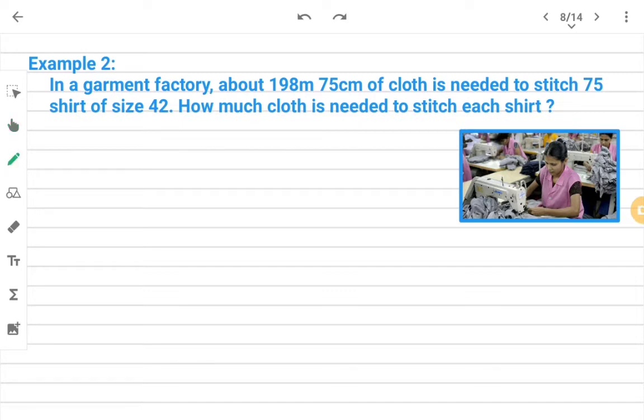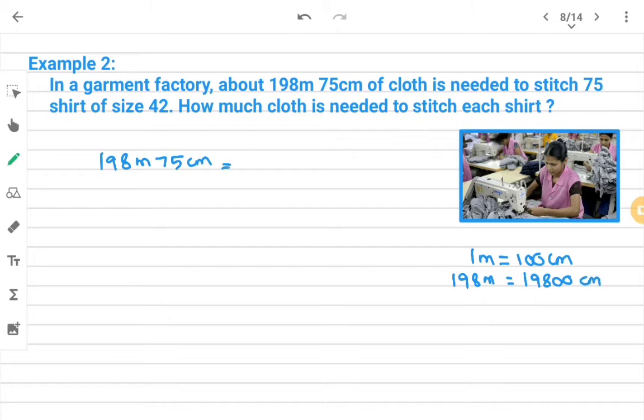So they gave 198 meter and 75 centimeter, right? We know 1 meter is equal to 100 centimeter. Therefore 198 meter is equal to 198 into 100, that is 19,800 centimeter.